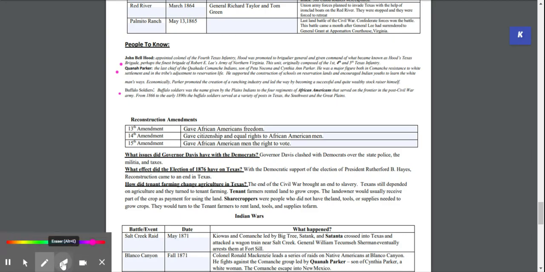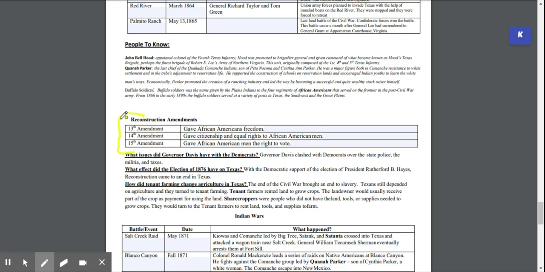The next section that we're going to be looking at is an important section right here. These are going to be called the Reconstruction Amendments. We have three Reconstruction Amendments. I do have a video posted for each of these. The first one is the 13th Amendment.